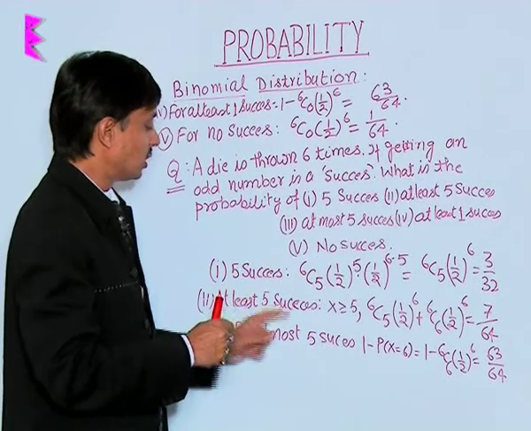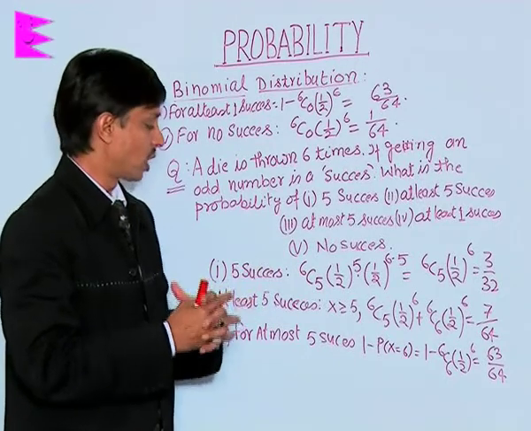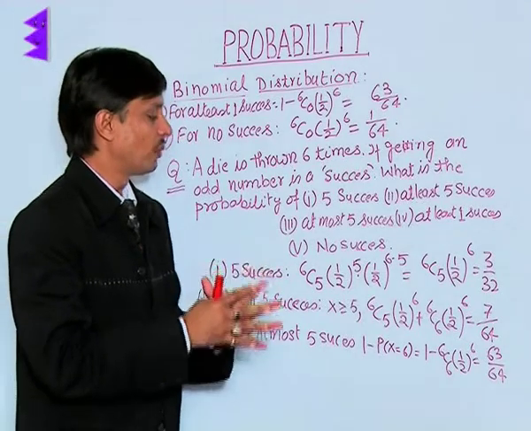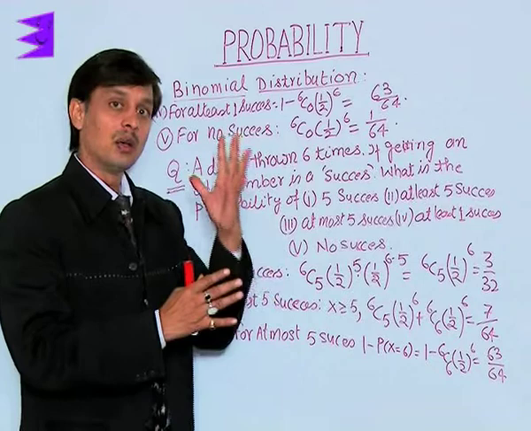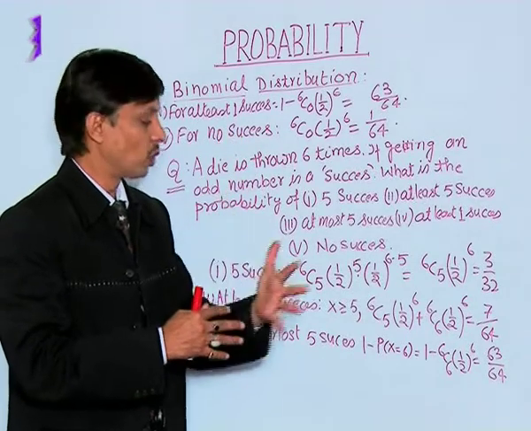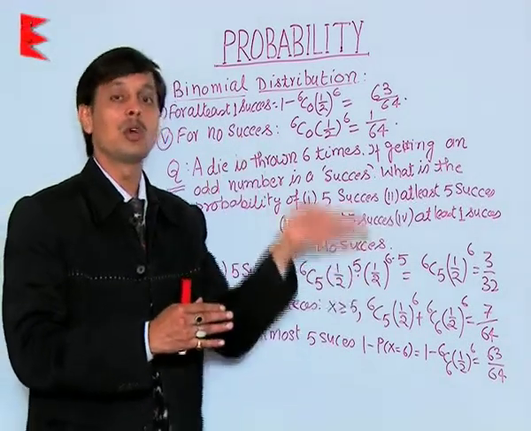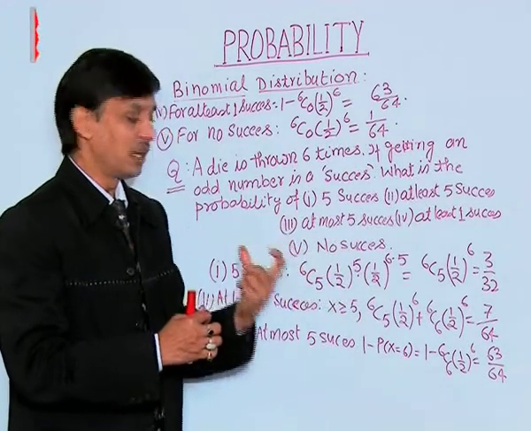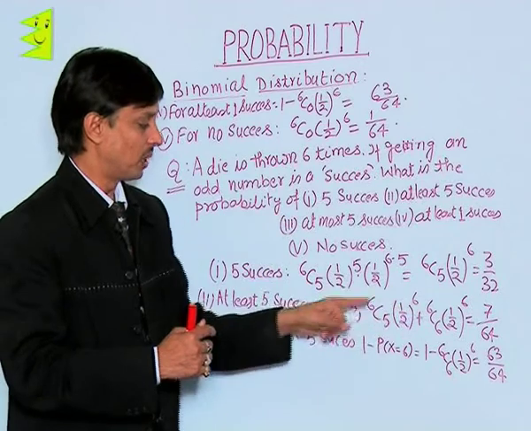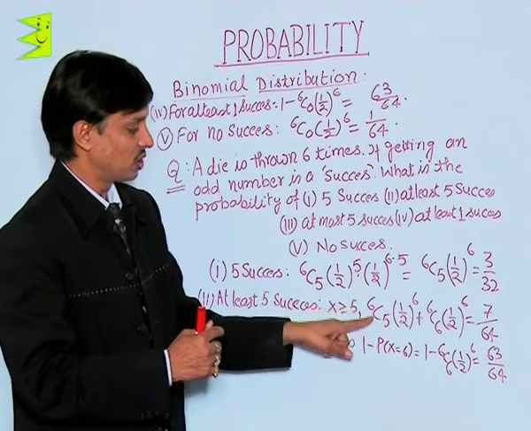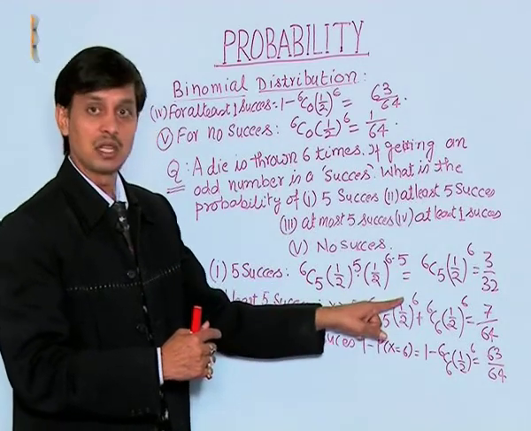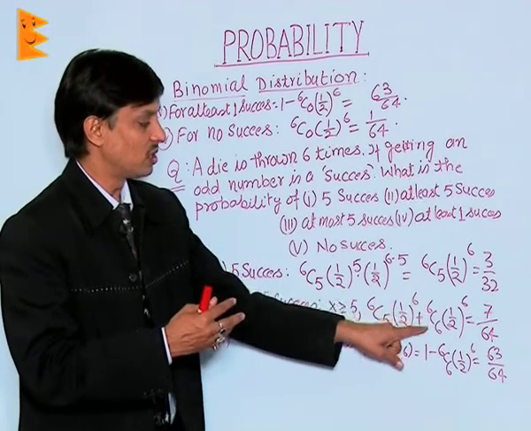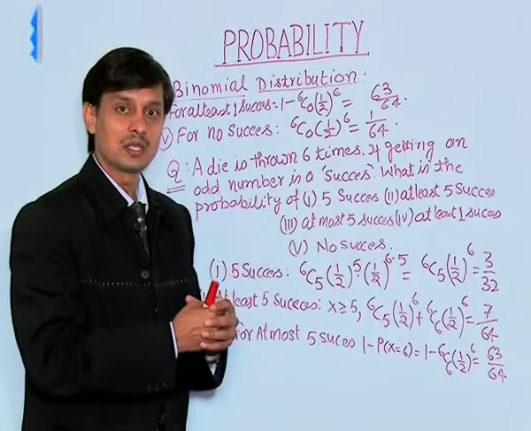Now for at least 5 successes, it means we have to calculate for 5 successes or more than it. That is either 5 successes or all 6 successes. The word OR is coming, that's why we will use the plus symbol. For 5 successes, 6C5 half to the power 6, plus for all 6 successes, 6C6 half to the power 6.